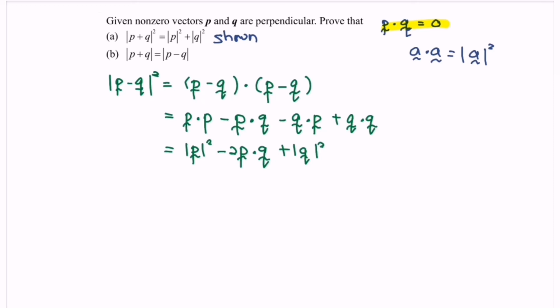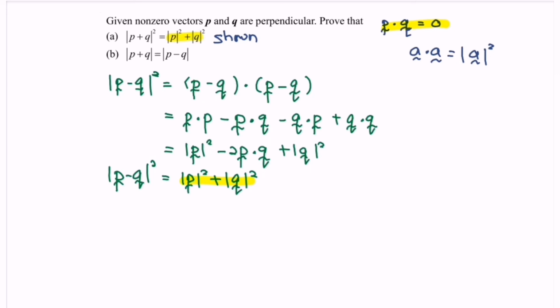So that means we have P minus Q with the magnitude squared is equal to the magnitude P squared plus the magnitude Q squared. So kindly refer to the A. As we all know, this situation is equal to this part.